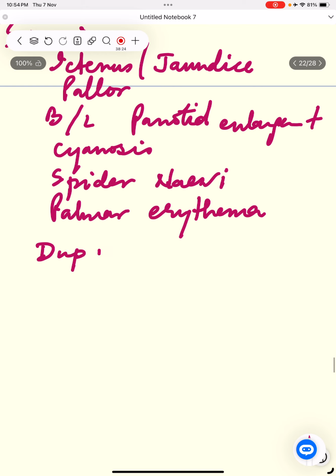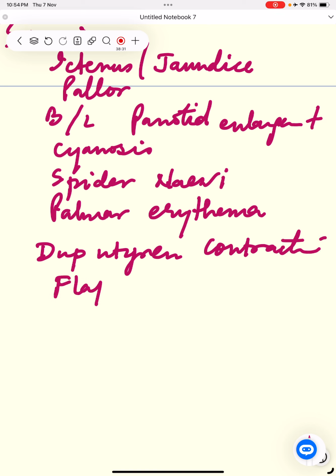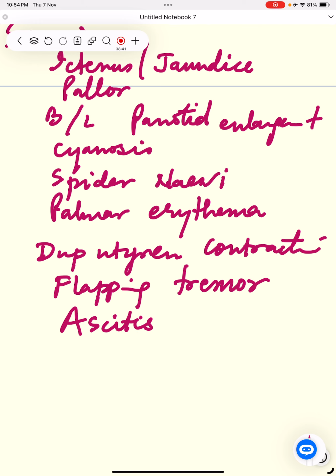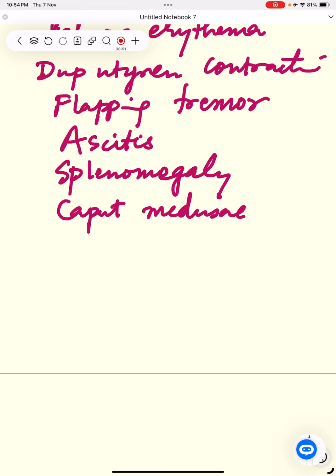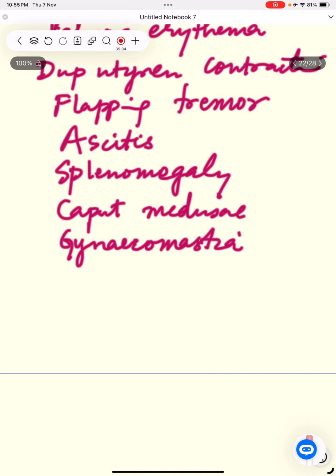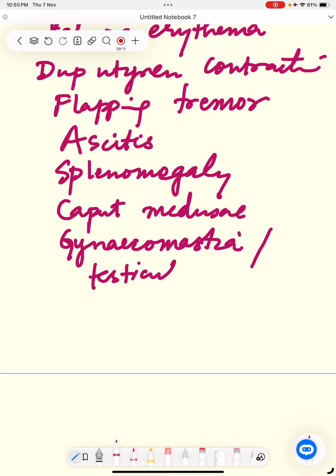Then Dupuytren contracture, flapping tremor, ascites, splenomegaly, caput medusa, and gynecomastia, or the patient can also have testicular atrophy.